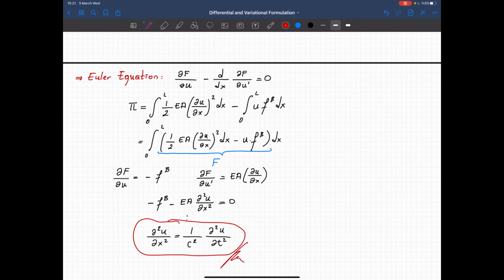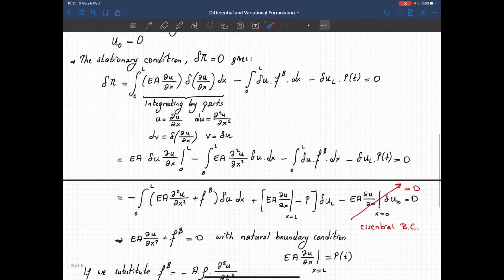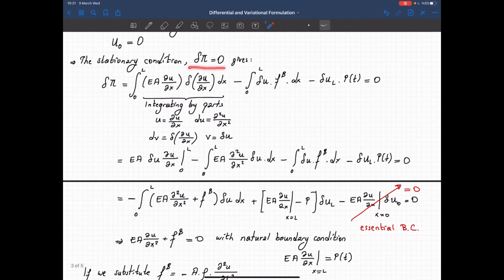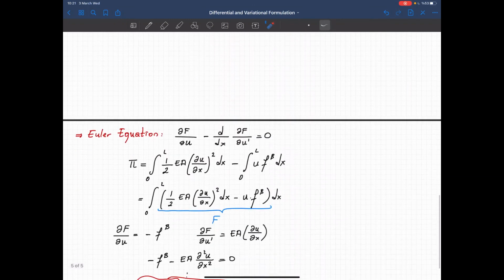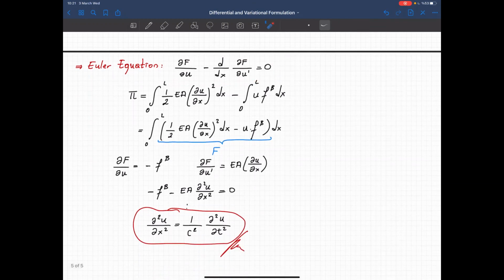So in that case, I didn't do all these calculations. I didn't take the first variation, integrate by parts, rearrange terms and obtain this equation. I just used the earlier equation, the solution of this approach, and I obtained the same differential equation. So here we have seen obtaining the governing differential equation for a specific problem.